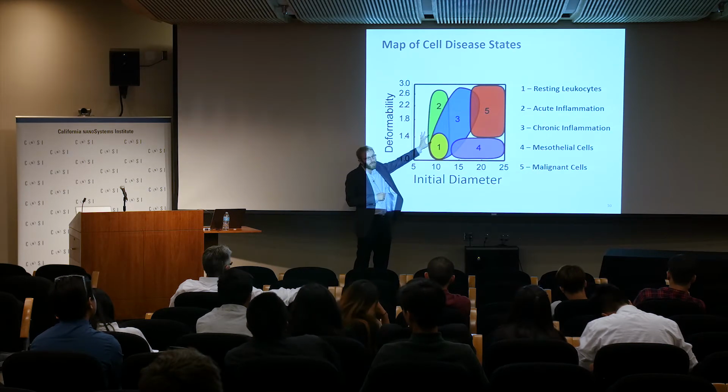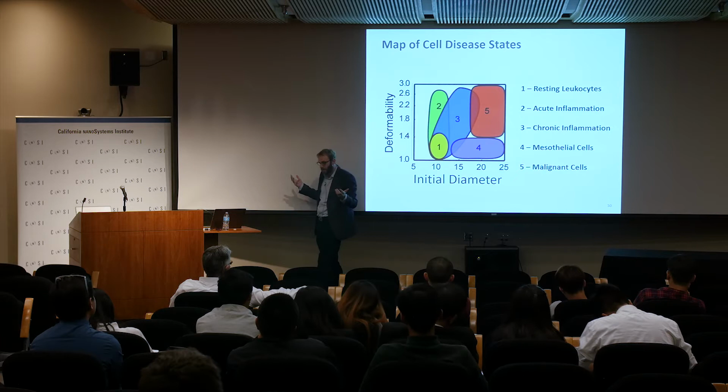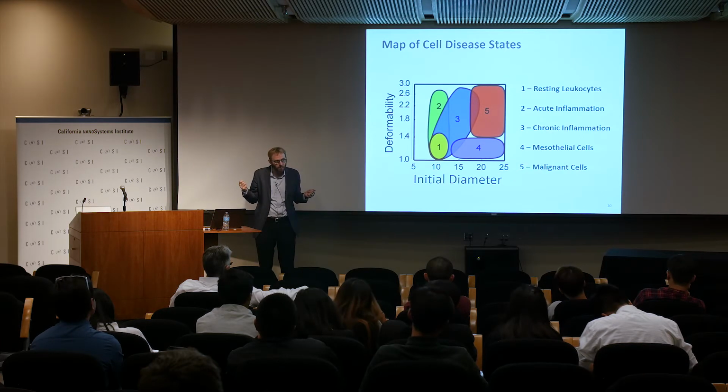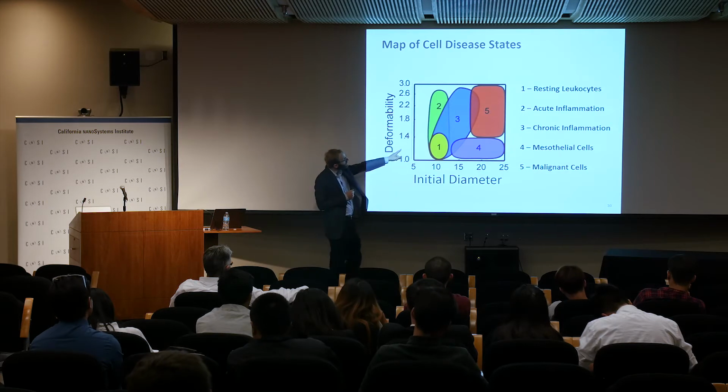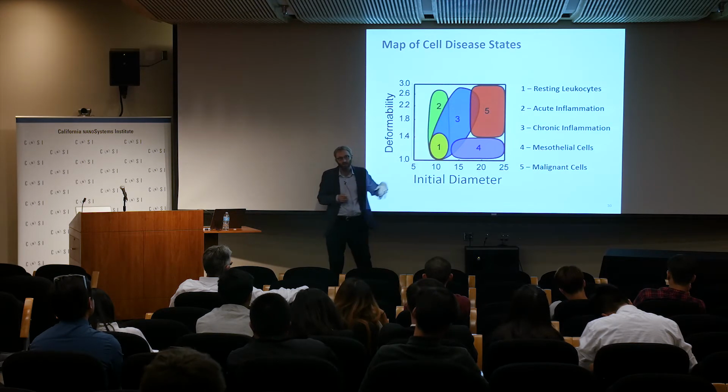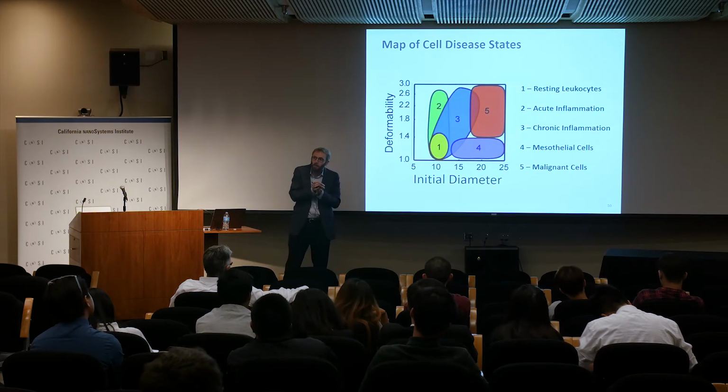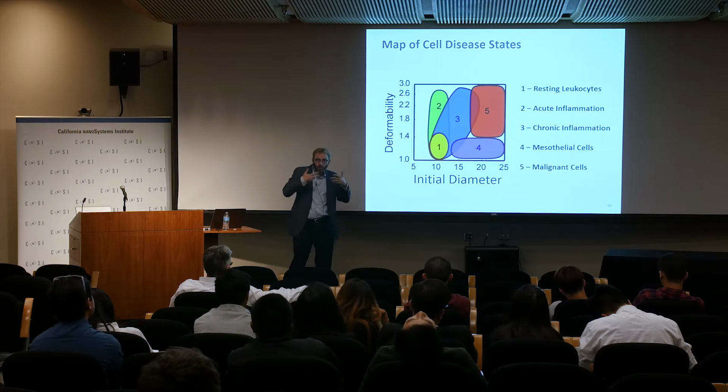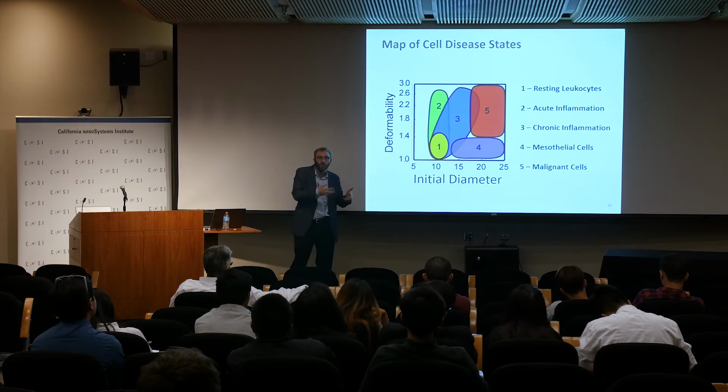But what we didn't realize at the time, and it was a surprise to us, beyond being able to see these malignant cells, is that we could see different states of the immune system. We could see different activation states of white blood cells that were also flowing out into this fluid.